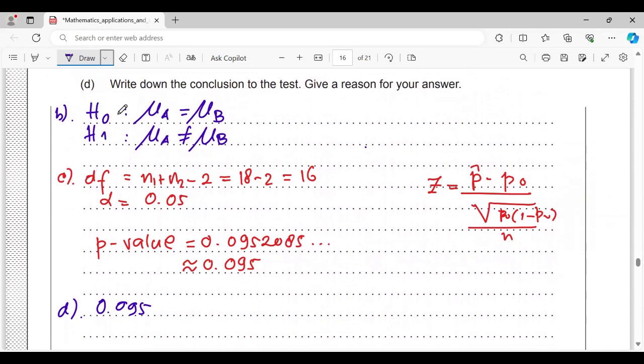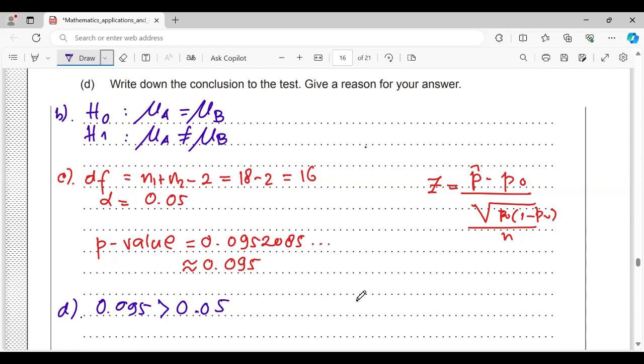If you accept the null hypothesis, it means you reject the alternative hypothesis. Or if you accept the alternative hypothesis, you have to reject the null hypothesis. The p-value is 0.095, and it is greater than 0.05.